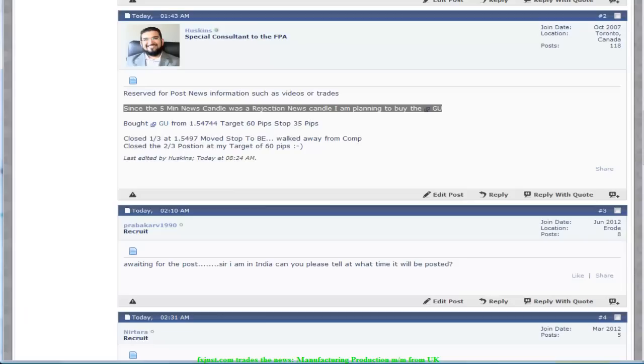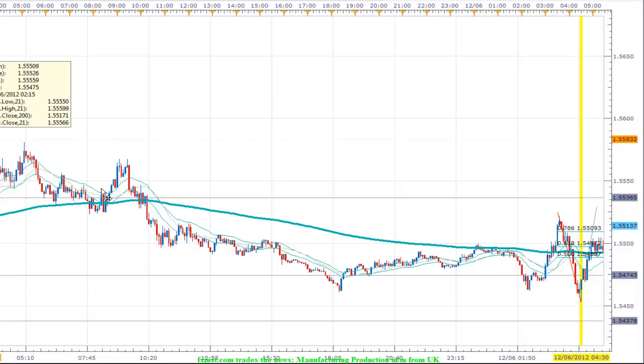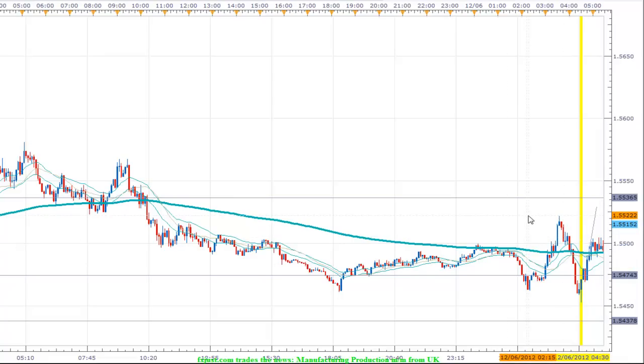So that's when I said I'm closing one third of my position at 1.5497, and I've moved the stop to break even. So now I have a riskless proposition, and I have a potential target of 60 pips.